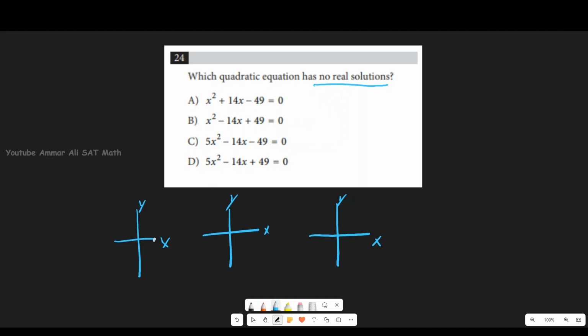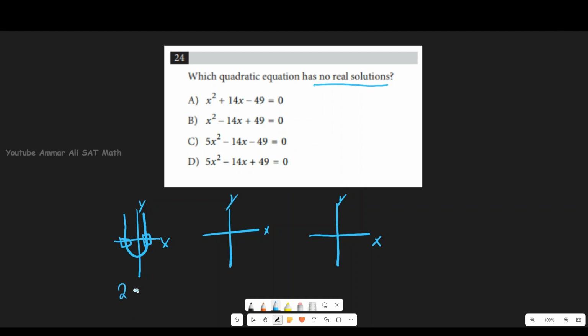So I drew out some xy planes here because we're going to go through each of the cases for quadratic equations and their solutions. Most common is when you see a parabola on a graph and it has two intersection points with the x-axis. This is what you would call having two solutions.